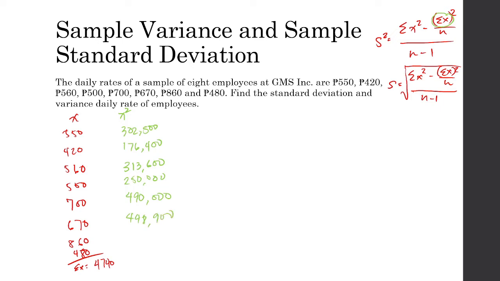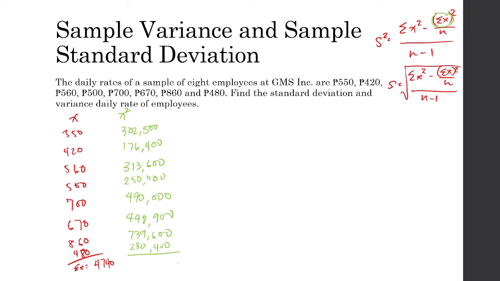Then we have there 860 squared, so that will be 739,600. And lastly, we have 480 squared, which is 230,400. Okay.